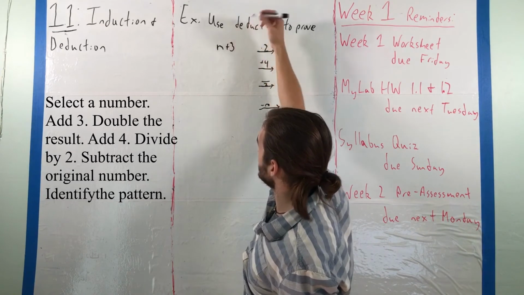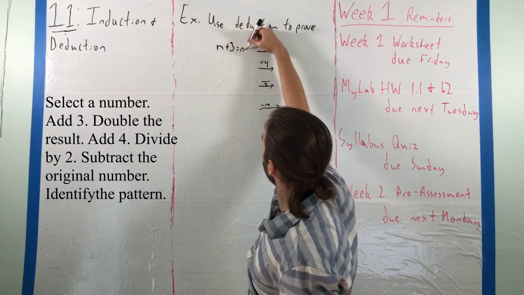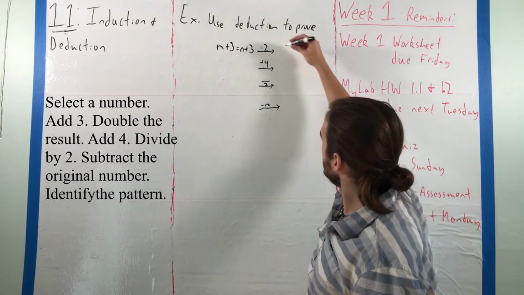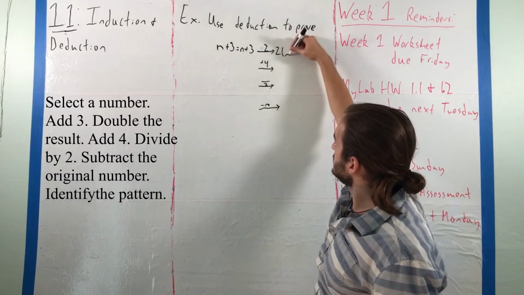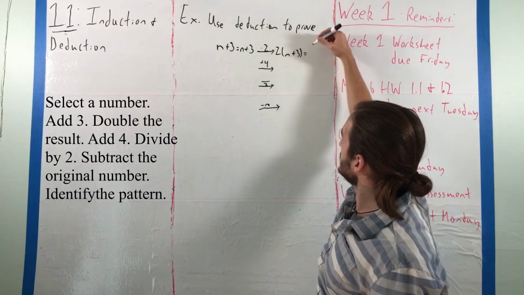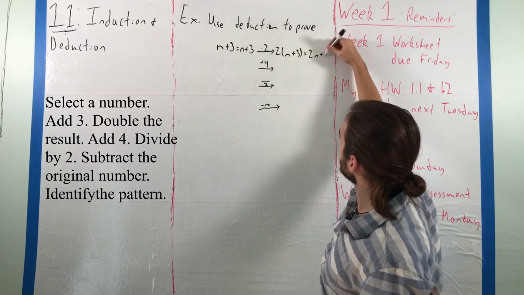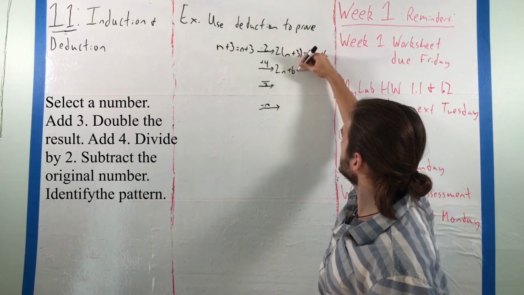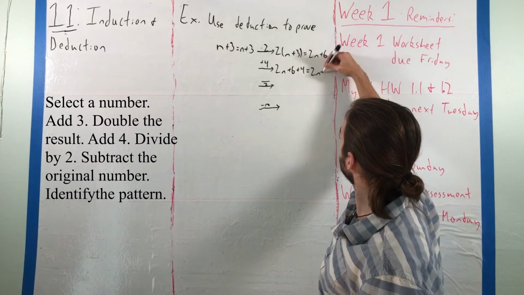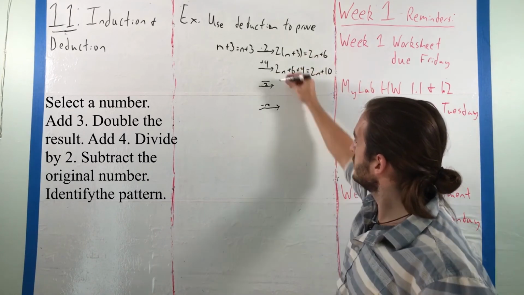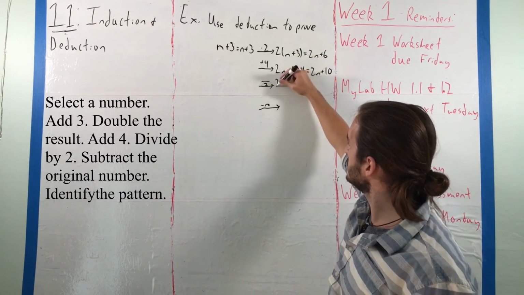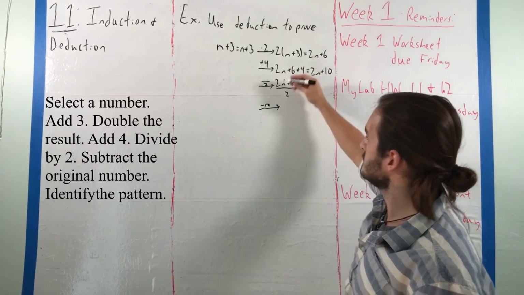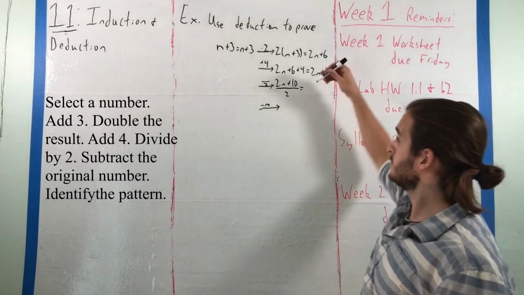Let's just plug in n. N plus 3, that does nothing. We get n plus 3. We're plugging in any n. We don't really know what happens yet. Multiply it by 2. 2 times n plus 3. Remember to distribute these values. You get 2n plus 6. Add 4. 2n plus 6 plus 4. You get 2n plus 10. Divide by 2. 2n plus 10 over 2. Remember, you gotta distribute again.